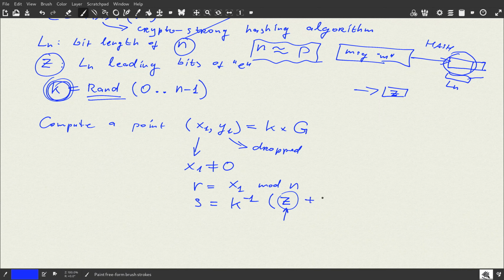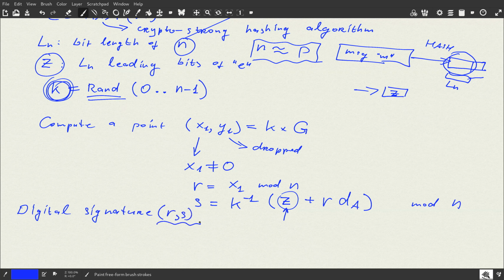Plus previously computed R times our private key DA, all again modulo n. And the digital signature is made of those two values, R and S.